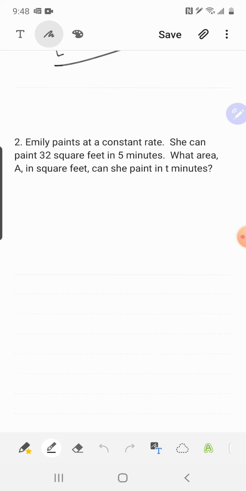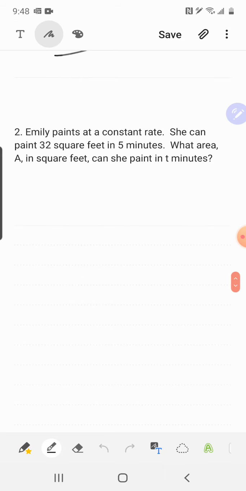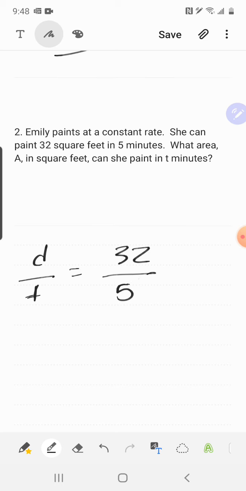What we're going to do is find the constant rate. So the constant rate says that she can, if I'm doing this D over T, paint 32 in 5 minutes.